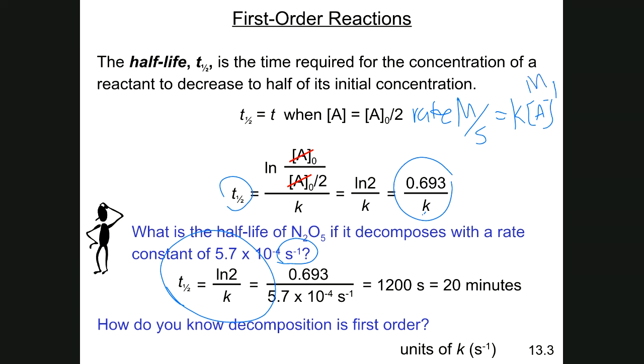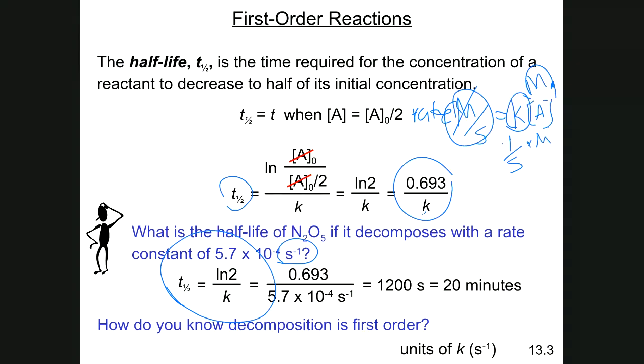So if K is per second, then per second times molarity gives this. You cancel the mole from each side, and then the unit for K must be per second in order for the unit for rate to become mole per second.